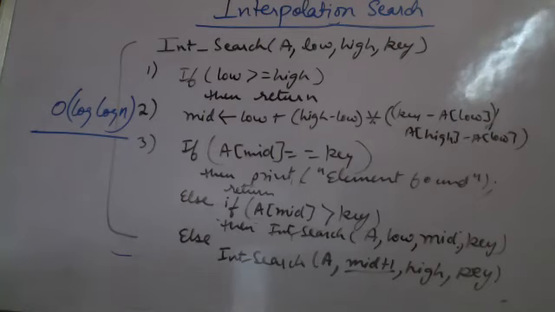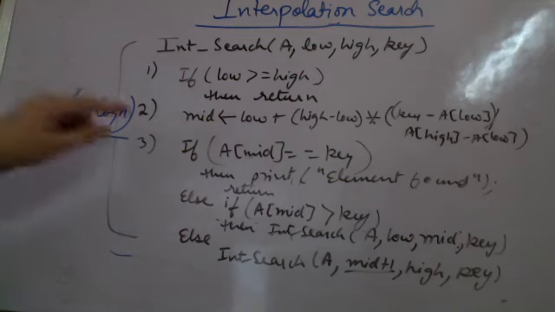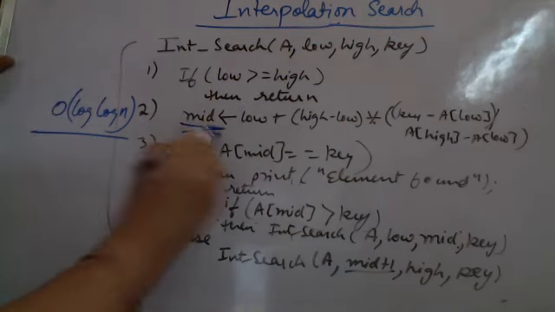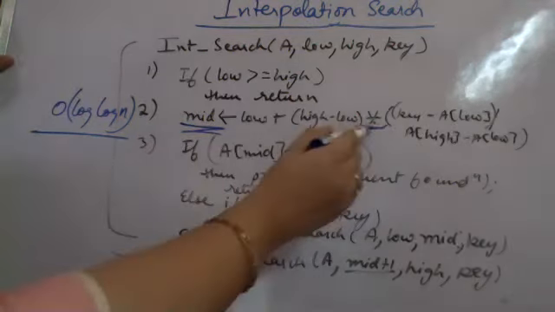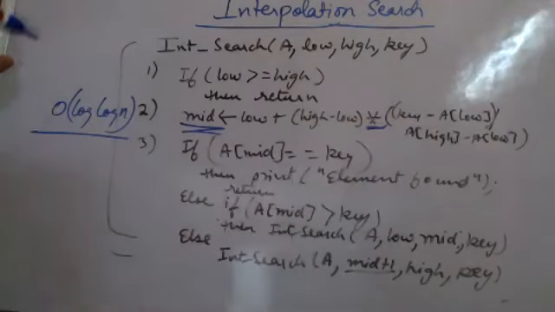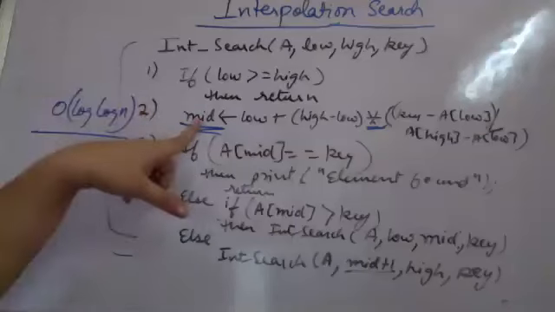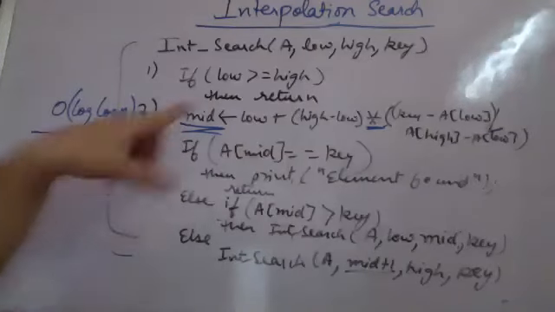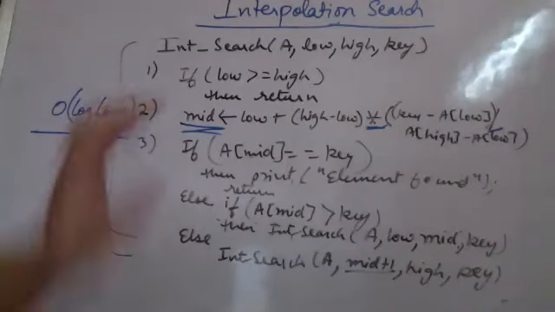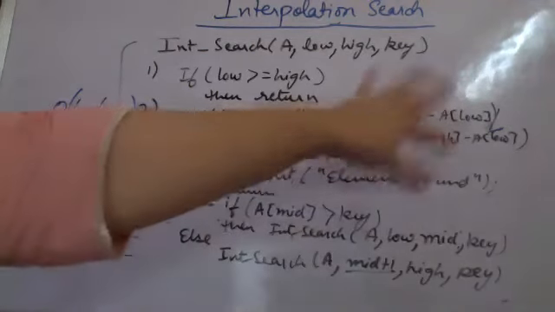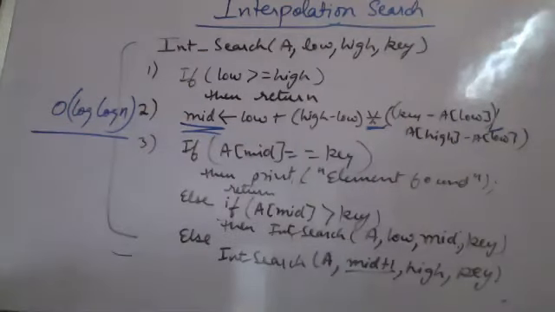Now, the problem with interpolation search is that when I am calculating this mid, I am doing a multiplication, addition, subtraction, and a division also. So technically this takes more time than a single instruction, and this involves mathematical calculations which are an overhead.